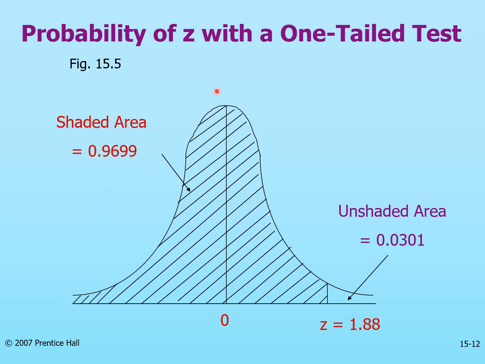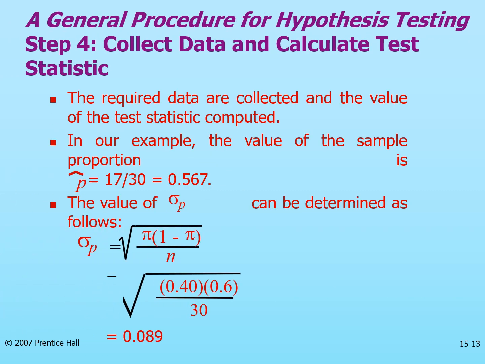Now this is known as the shaded area, and this is known as the unshaded area. When we say that our sample data is covered under these parameters, it means that 96.99% is covered under the test and the unshaded area is 0.0301.